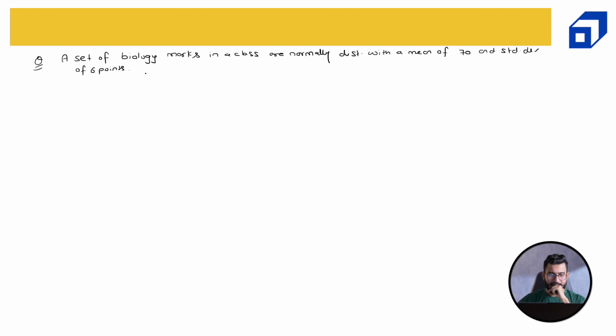Now let X represent the score of a randomly selected student. Then what is the probability that the marks of this student would be between 64 and 79?